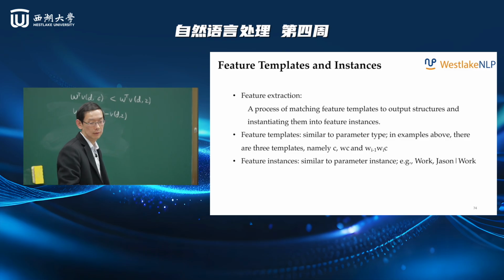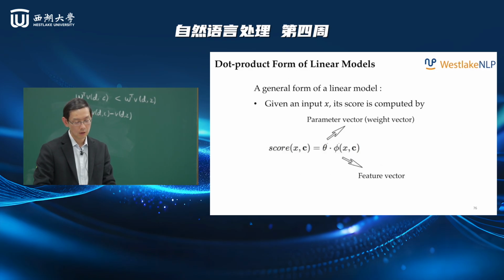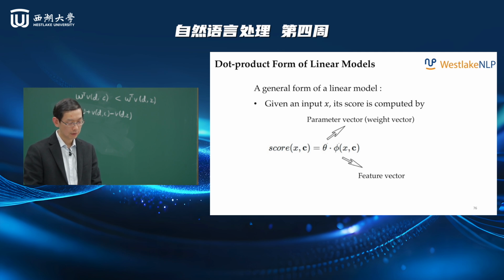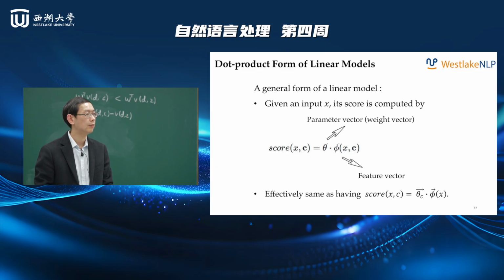All right. And all our linear models can be represented as a feature vector phi and a model parameter vector theta. The parameterization is theta dot phi is the score, right? This is the same as what I did in week 2.